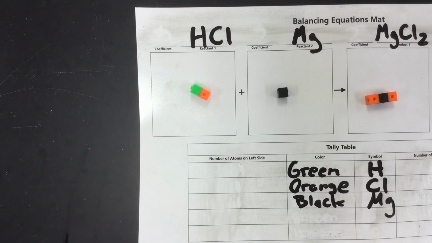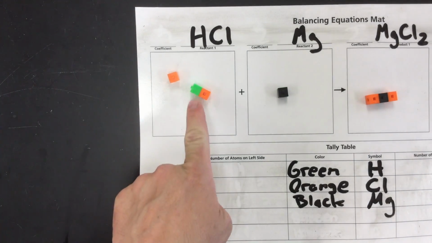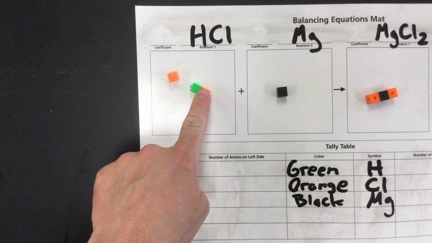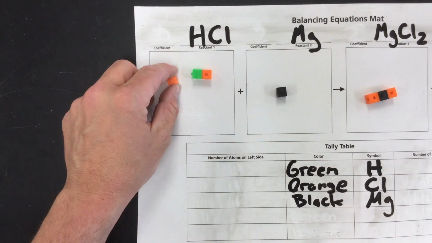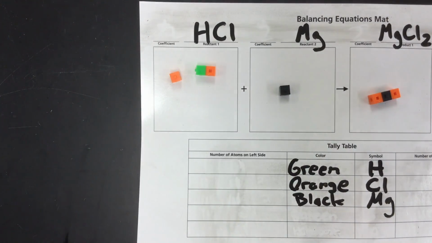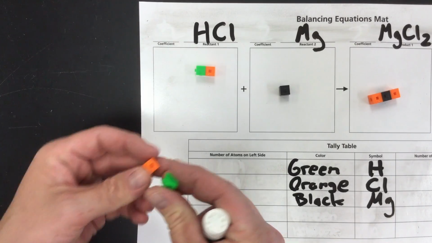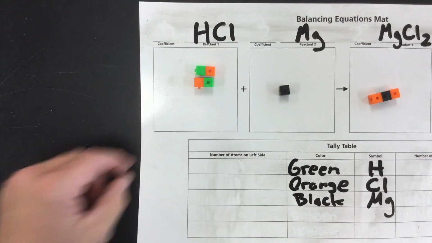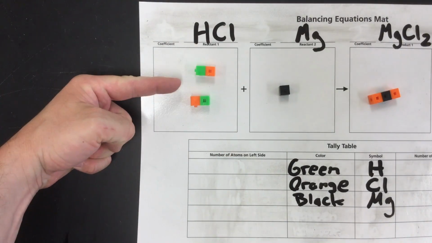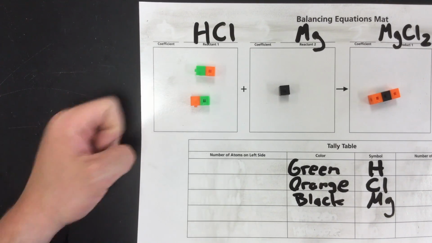So here's a chlorine, again, orange. But here's the thing, I can't just do that, because this substance isn't chlorine, it's hydrochloric acid, HCl. So if I add another chlorine, a hydrogen comes along with it. Now I have 2 hydrochloric acid particles.